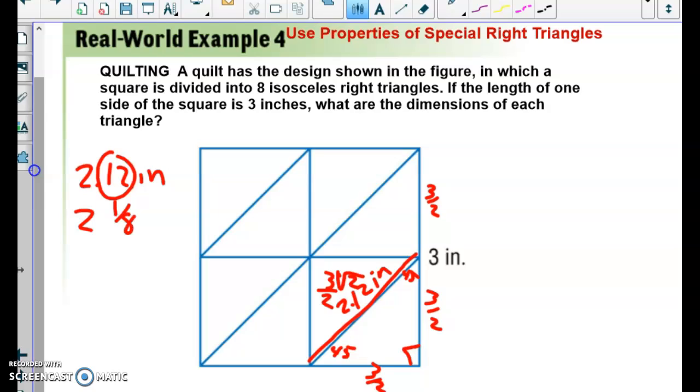So 2 and 1/8 inches would be about as close as I can get with 1/16 of an inch.